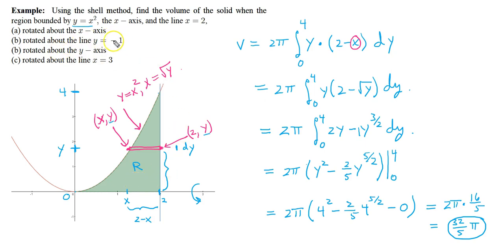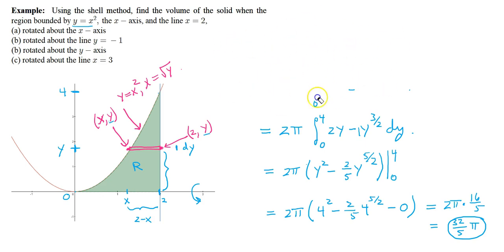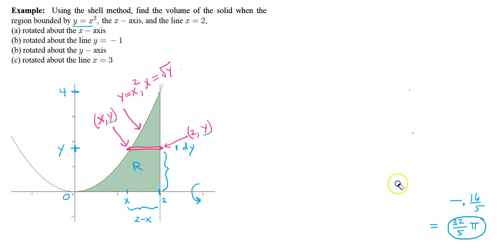Now let's take a look at part B. So now we want to rotate this region around the line y equals -1. So let's see how we set that up. The line y equals -1, that's right down here.